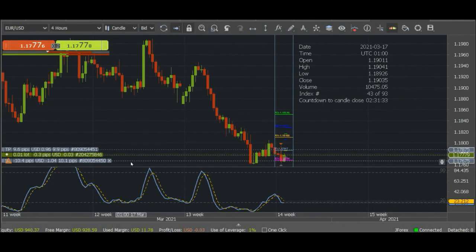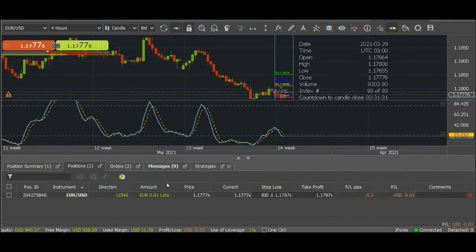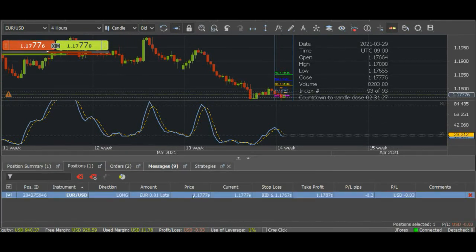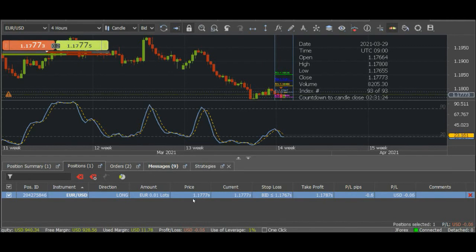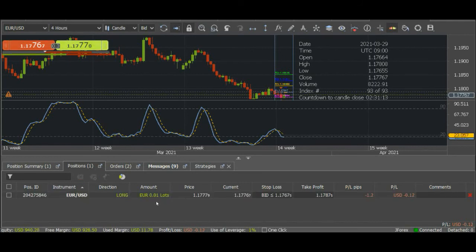I showed here my entry point. Here I'm showing it in blue. My entry is 1.1779, and my stop loss is 1.1787. So 10 pips of difference. I'm using nano lots.